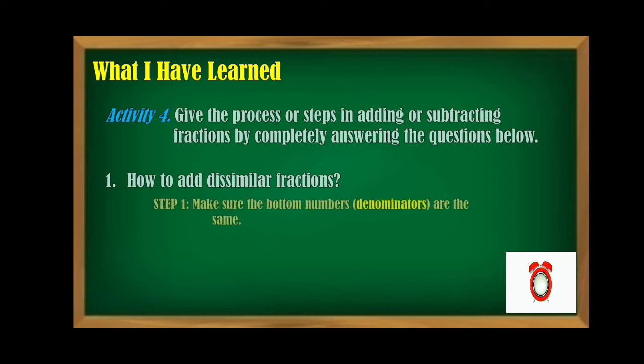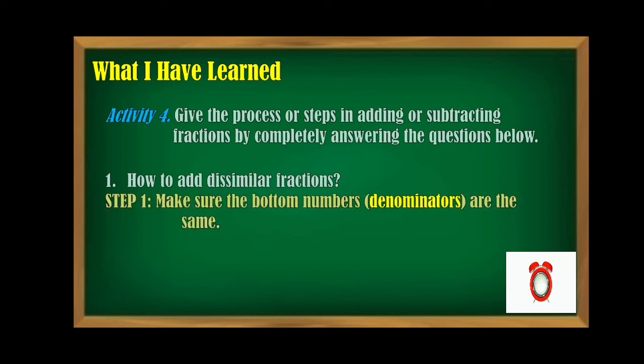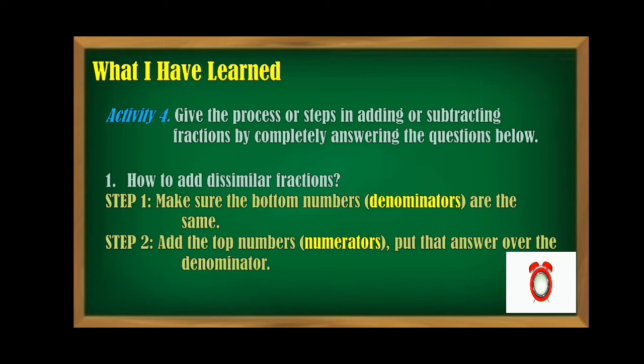Alright, so step 1, make sure the bottom numbers or the denominators are the same. Step 2, add the top numbers or what we call numerators. Then put that answer over the denominator. And step 3, simplify the fraction if needed.